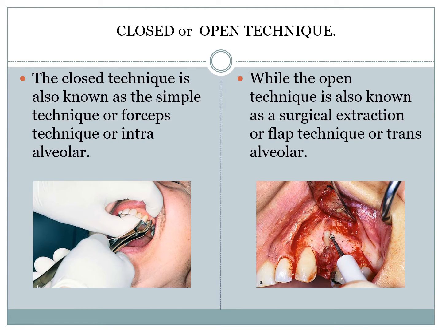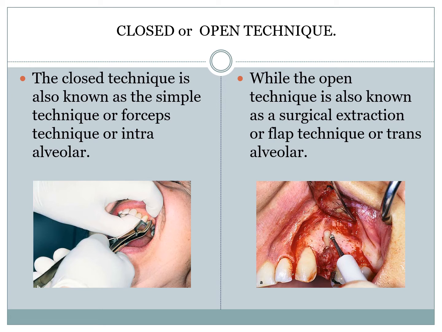So, what are the techniques used for exodontia? One is the closed method, one is the open method. The closed technique is also known as the simple technique or forceps technique or intraoral technique. That means normally you elevate and use the forceps and take out the tooth, that is called the closed method.